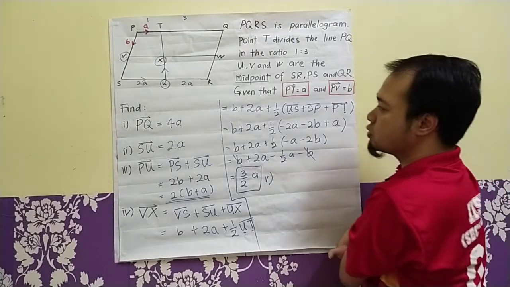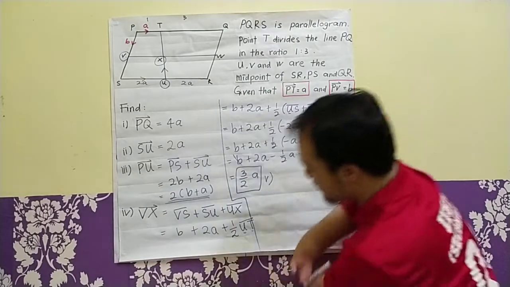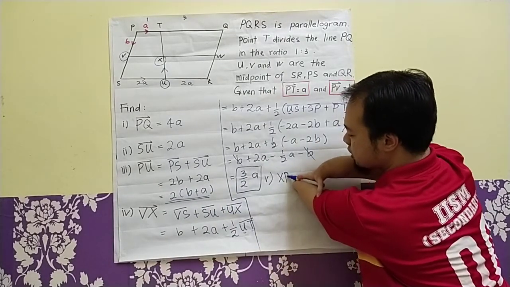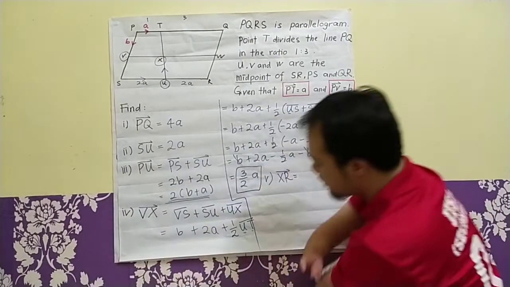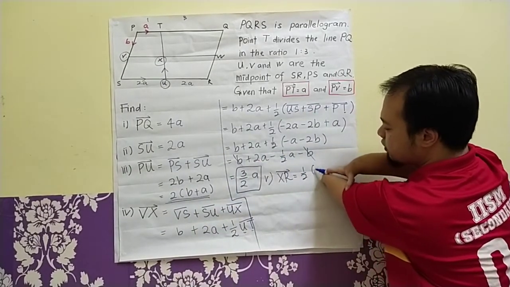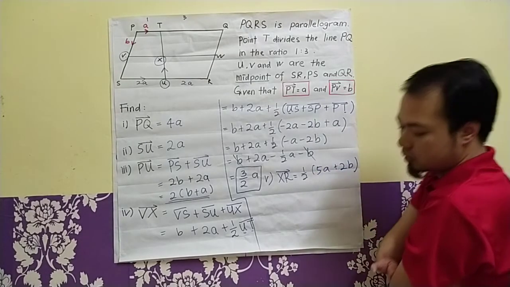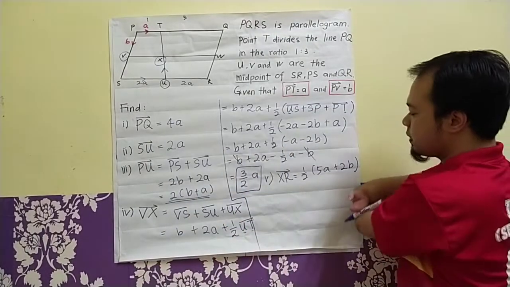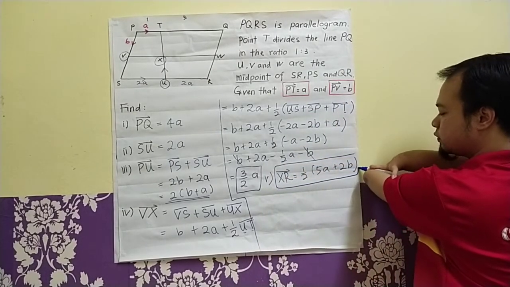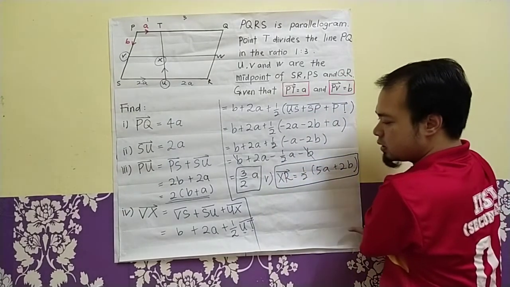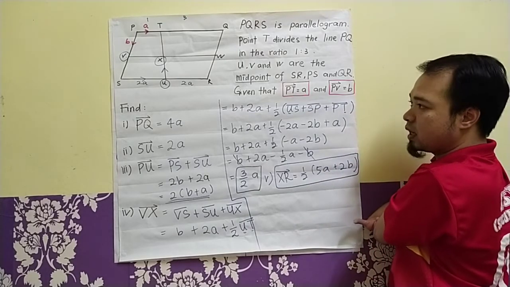It says show that, or prove that, XR is equal to half of 5a plus 2b.